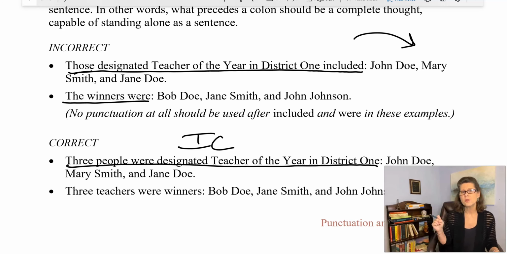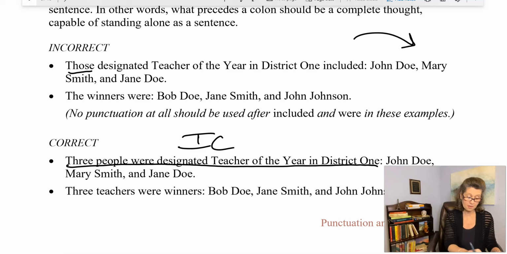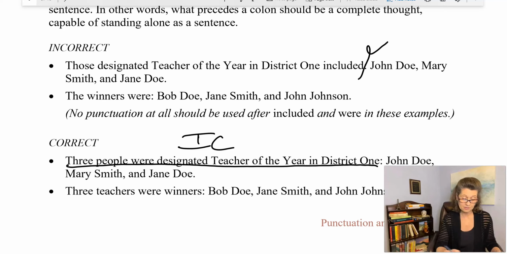But people are so uncomfortable having nothing after a colon in front of any kind of list, whether it's internal in a paragraph or it's a vertical list. People don't like to leave that moment right before the list unadorned with some sort of punctuation. But it's okay. If you wanted to keep the constructions that we had up here at the top, all we really had to do was take out the colon.